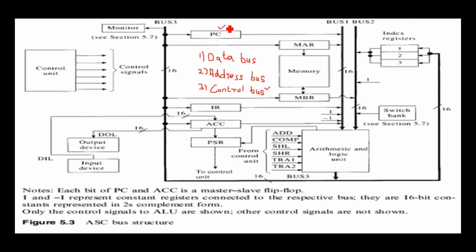So PC is connected with the bus 1 through this bus, and we know that the address of the first instruction is transferred from PC to the MAR. So PC is connected with MAR via bus number 1 and bus number 3, that is the connectivity of PC and MAR.